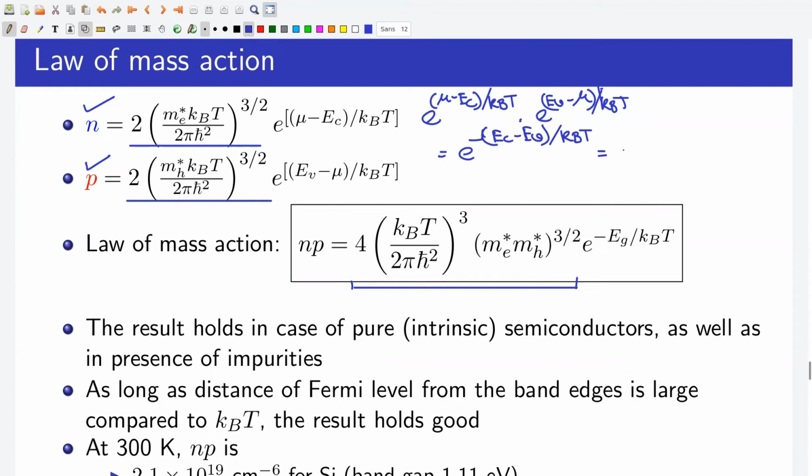That is, this term is equal to e power minus EG by kBT.